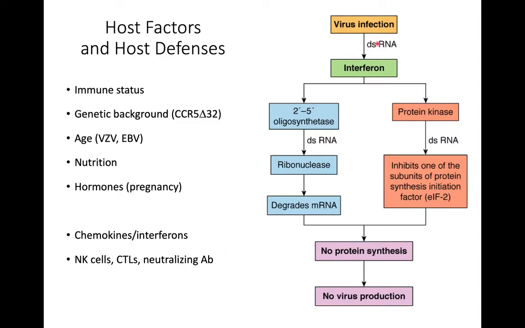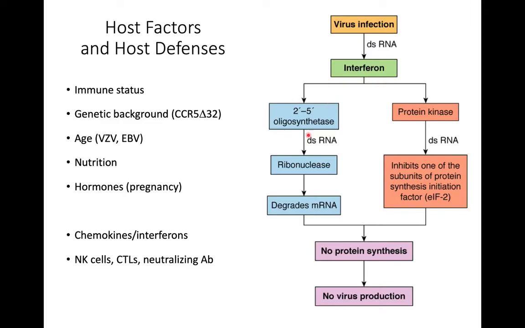So just really briefly, the antiviral response of cells usually is in response to the recognition of double-stranded RNA. A lot of viruses generate double-stranded RNA as a byproduct of RNA replication or messenger RNA production. And this recognition turns on the interferon response.